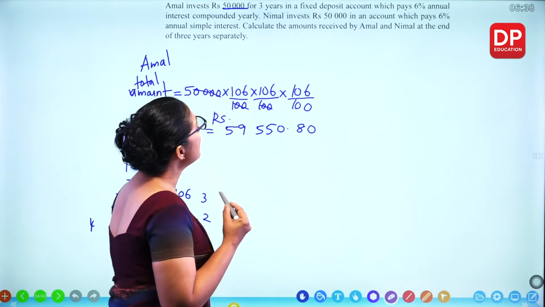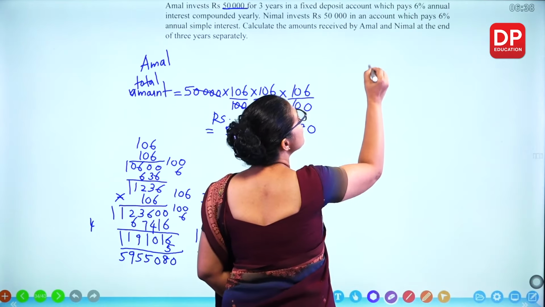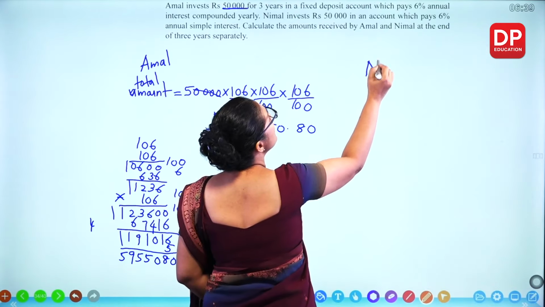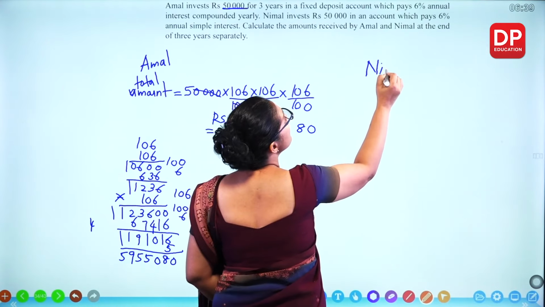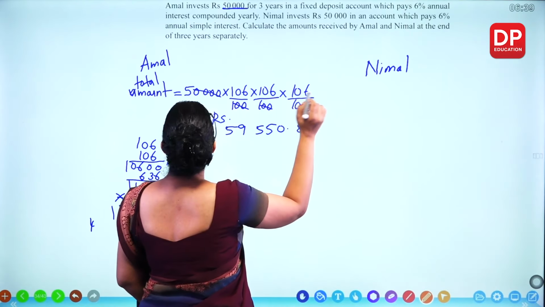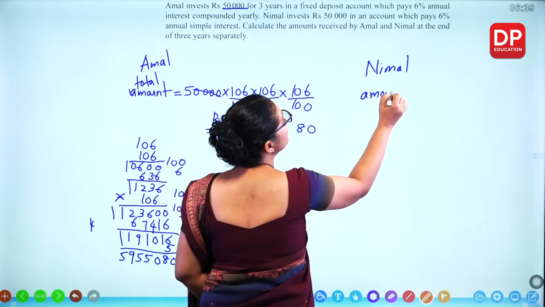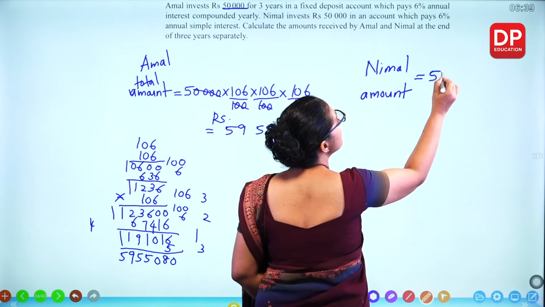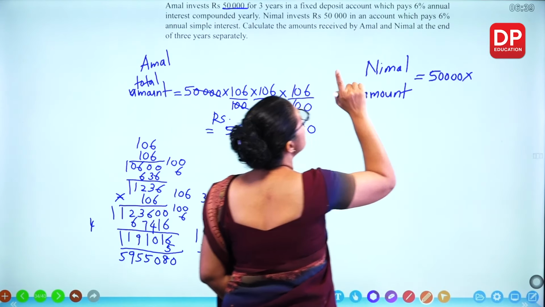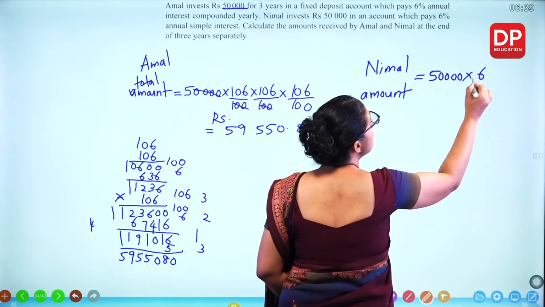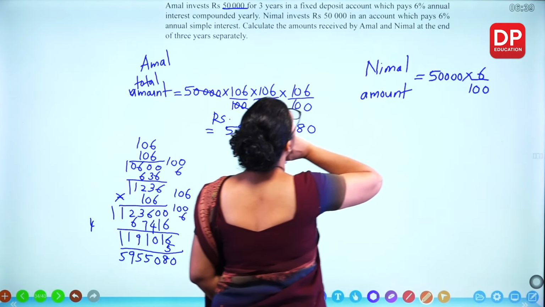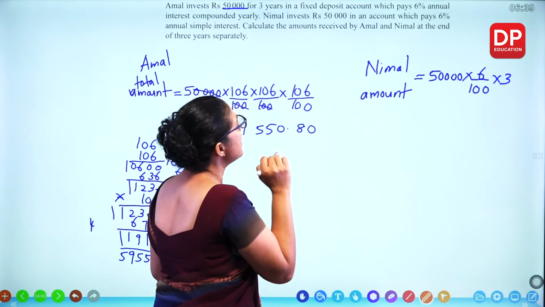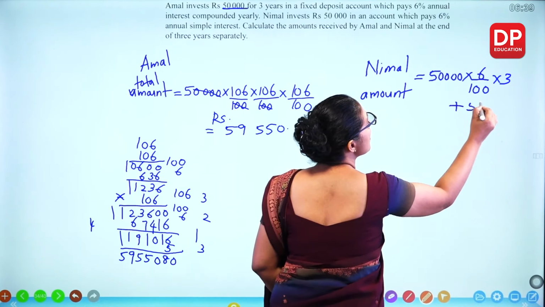Now we'll see what's the amount Nimal received. Nimal invested 50,000 rupees. This is 6% annual simple interest for 3 years. So this is the interest he is getting plus 50,000.